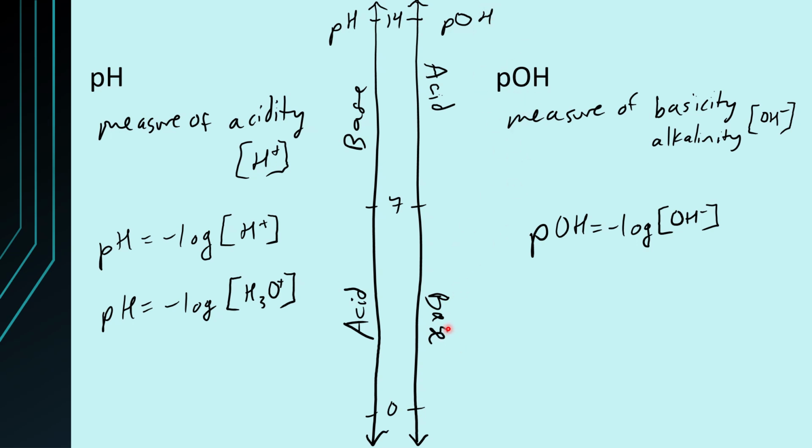So below 7 would be a base on the pOH because you have more hydroxides. But above 7 will be acidic because you have less of the hydroxides. So just remember that these scales are flipped. The smaller the pH, the more acidic. The larger the pH, the more basic. And then flip-flop, the smaller the pOH, the more basic. The larger the pOH, the more acidic.